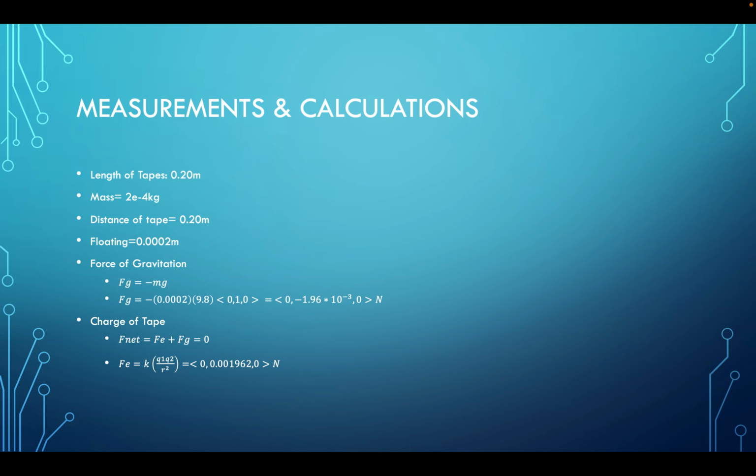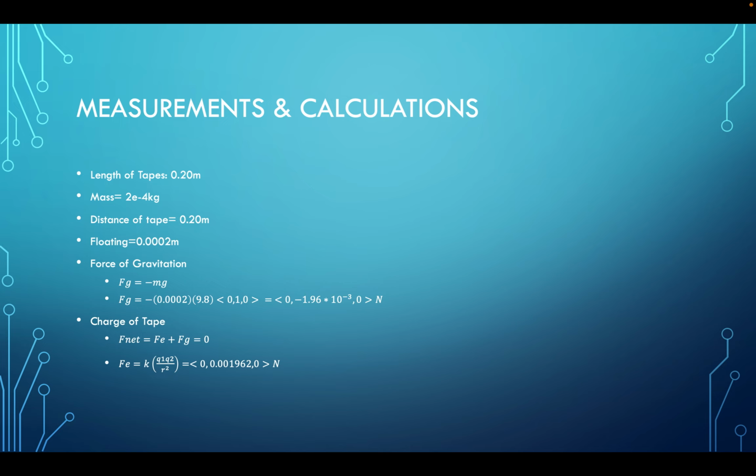The force of gravity we calculated by multiplying the mass times the gravitational acceleration. So we did negative 2 times 10 to the negative 4th times 9.8, which is gravity, times the r hat vector, and we got that as our vector for the force of gravity.